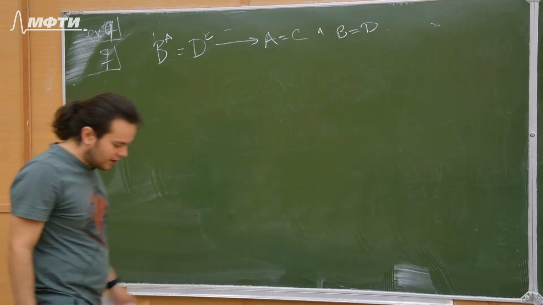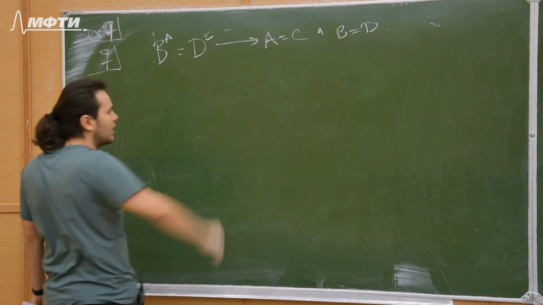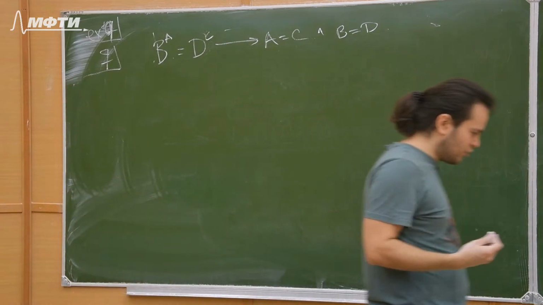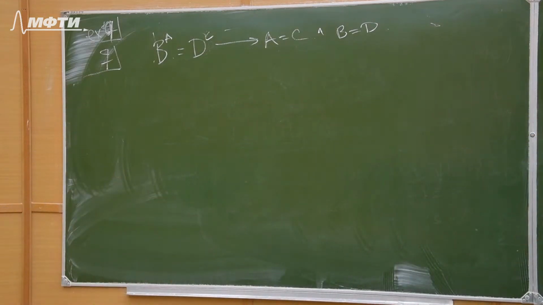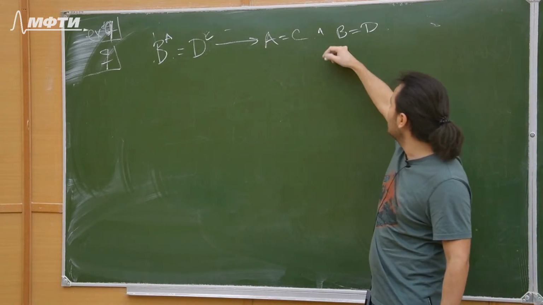So we have that these two sets are equal, and we want to find the conditions for which, if we know that they're equal, then it means that A is equal to C and B is equal to D.